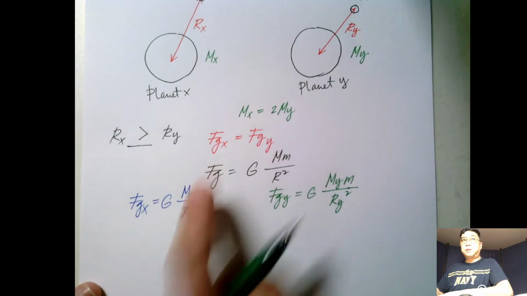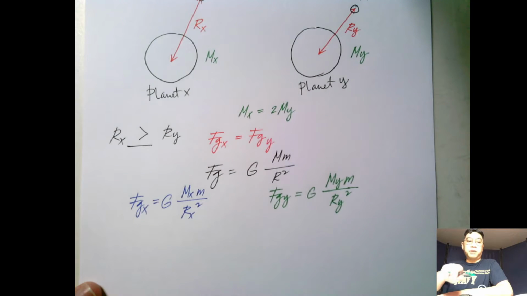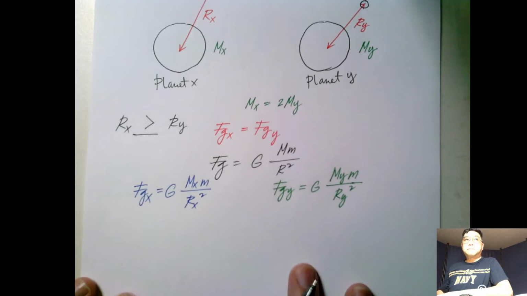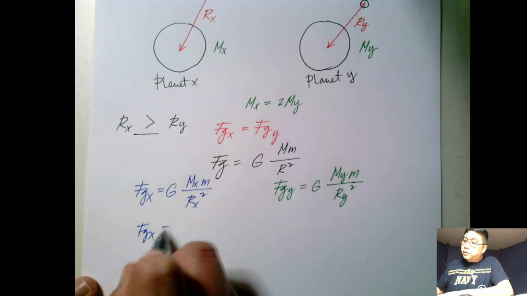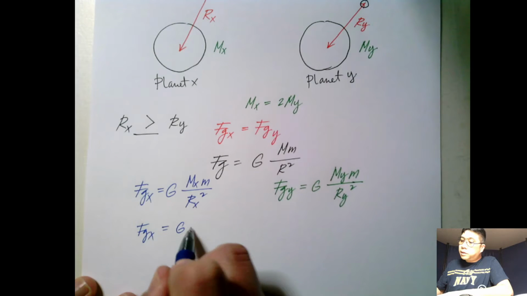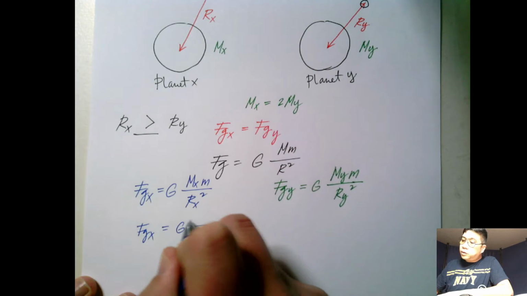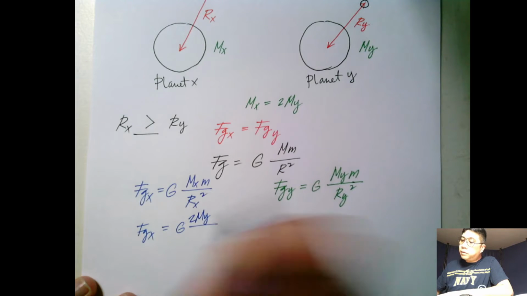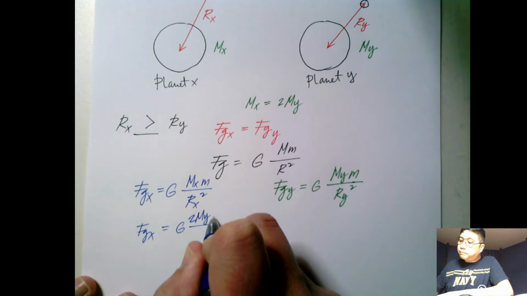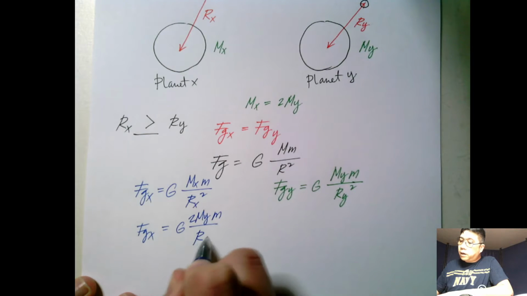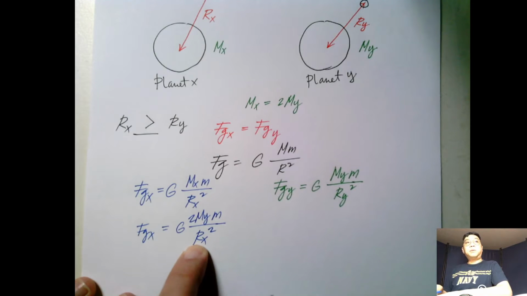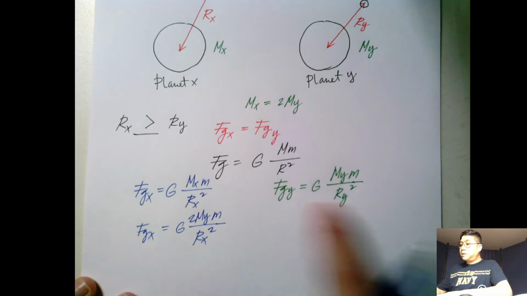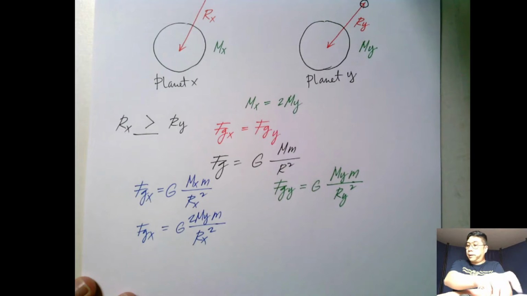The only thing we have to adjust is the equivalent value on planet X. So we can say that F of g on X is equivalent to G times 2 m of Y times m, divided by r of X, squared. So this will be the value of F g of X, and this will be the value of F g of Y.